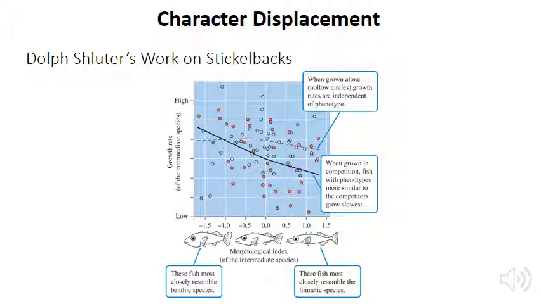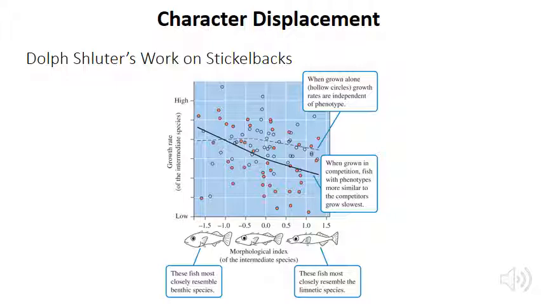Schluter then introduced that same range of species of sticklebacks to lakes that already had existing populations of limnetic species.